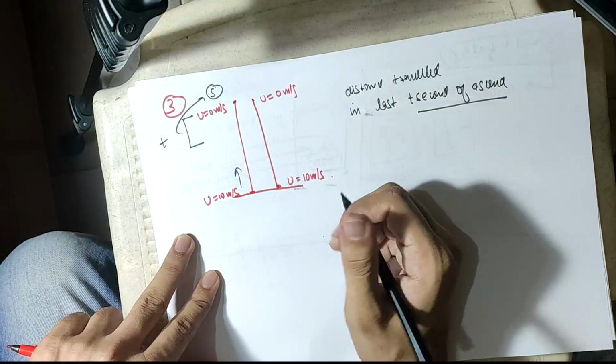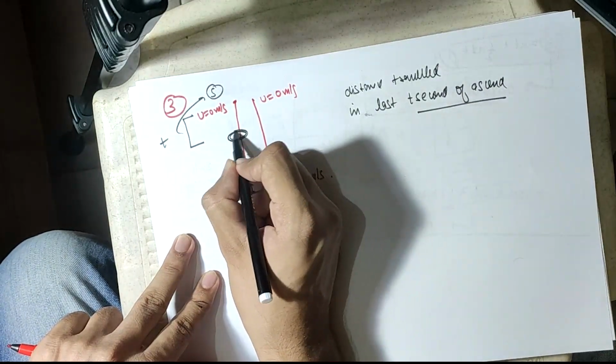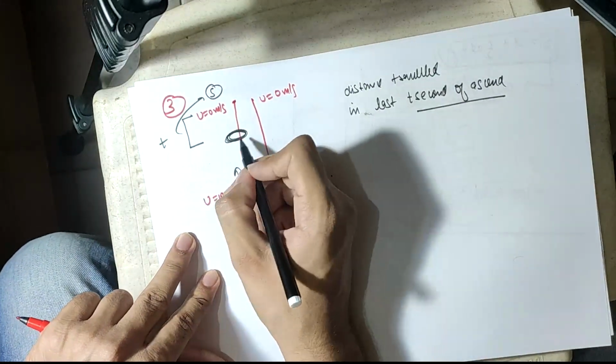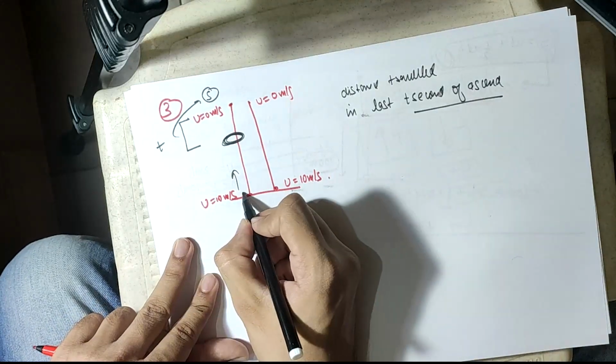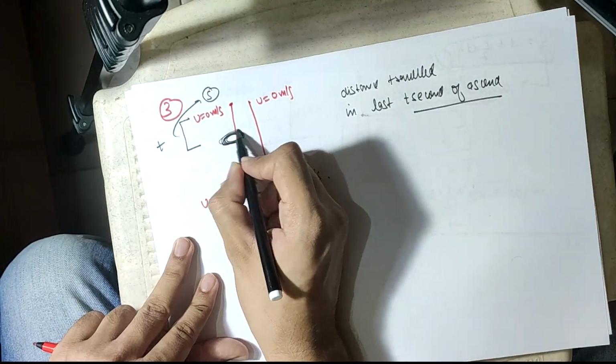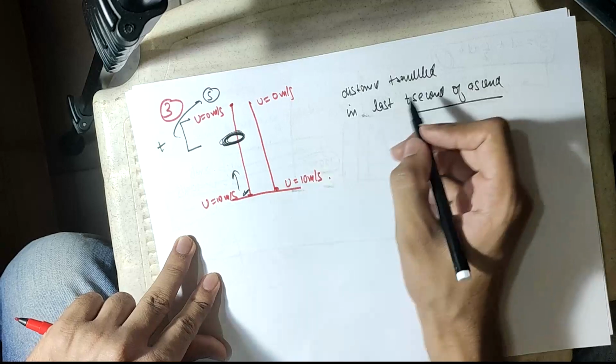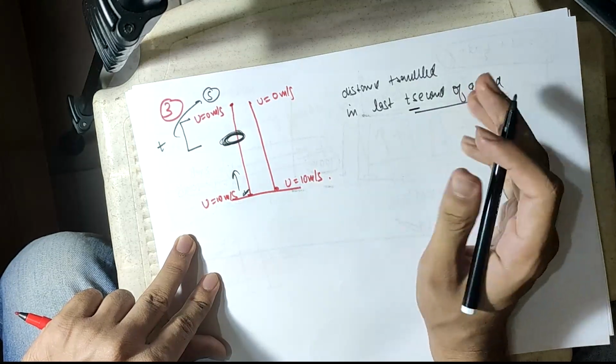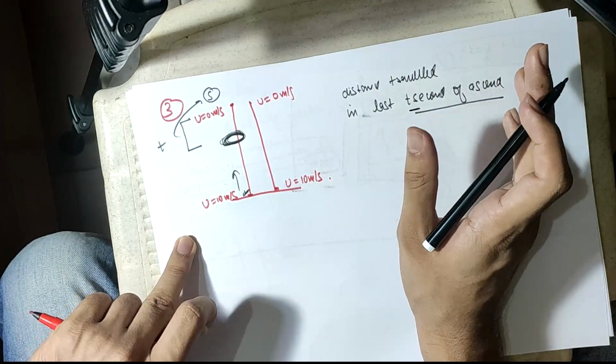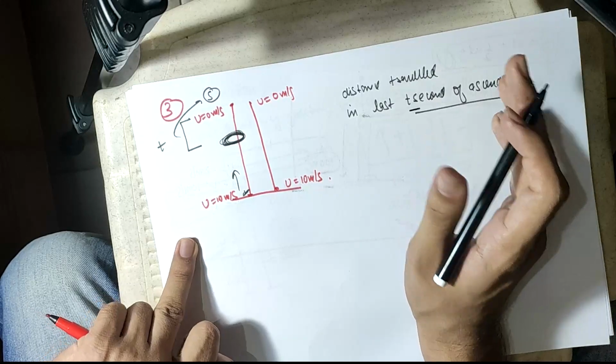How will you find? You need to have the velocity at this point, but you actually don't know. You know this 10 meter per second, but you don't know this, and it is asked in the last t seconds. It will be a confusing question for you. So how to deal with such a question?